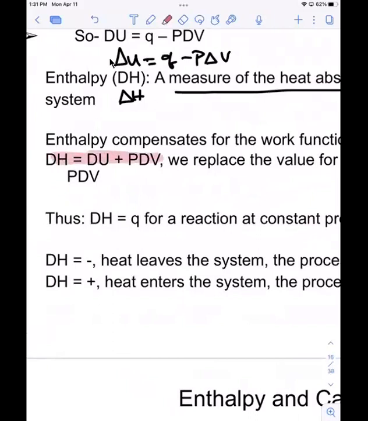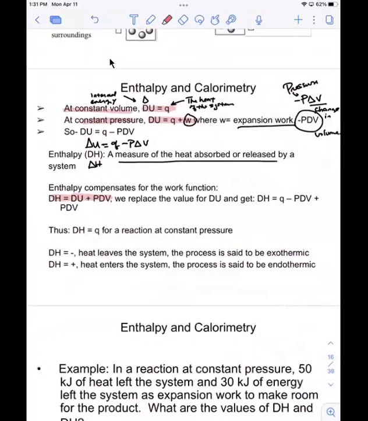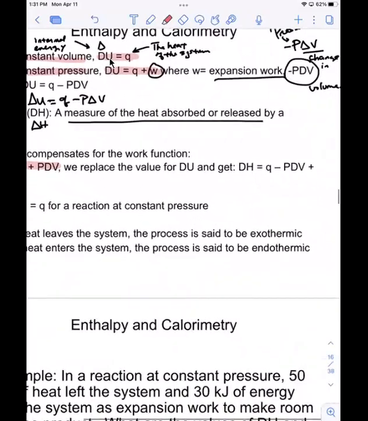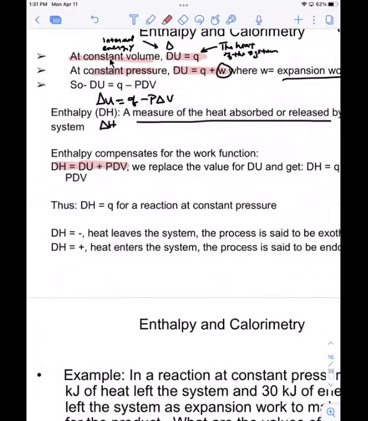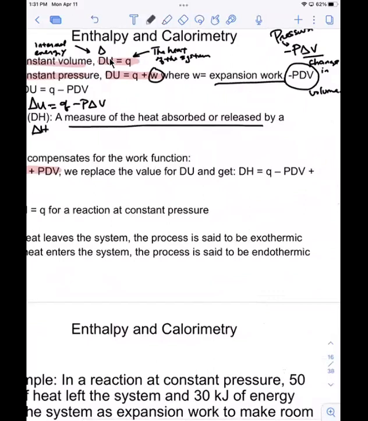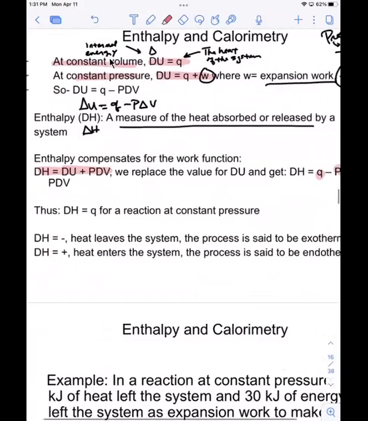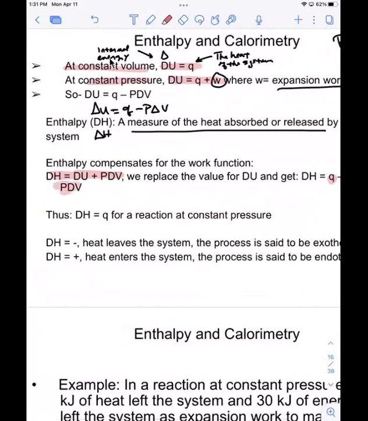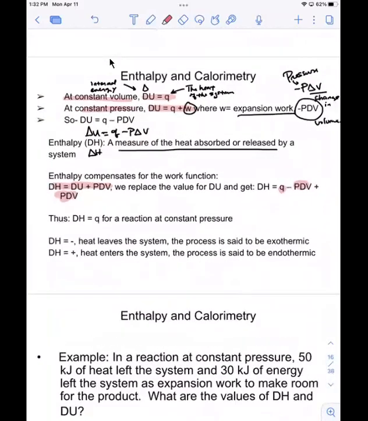So here, right, the enthalpy, or delta H, is the internal energy of the system plus the work function. And if we replace that, we can also see this, right? So delta H is Q minus the work function plus the work function, wrong pen, sorry. So you can see that the work functions are going to cancel out.